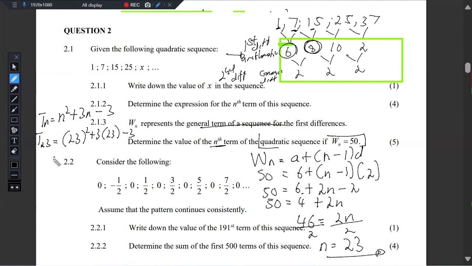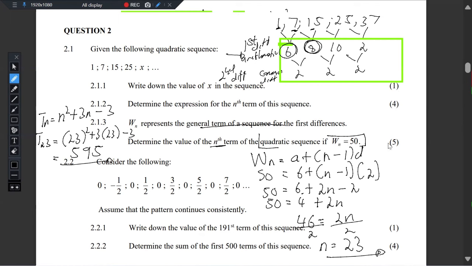So hence we are using that to say if we have found the 23rd term, then that means it should be between the 23rd and the 24th, which we can then use the 23rd there in order to find the value of the n term. So this here, if we punch it all into our calculator, we get 595. So the value of the 23rd term in the quadratic sequence is actually 595.